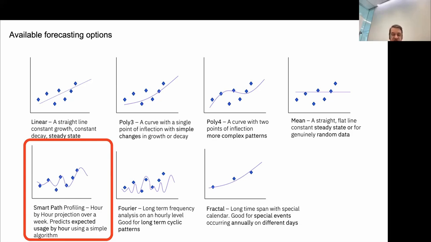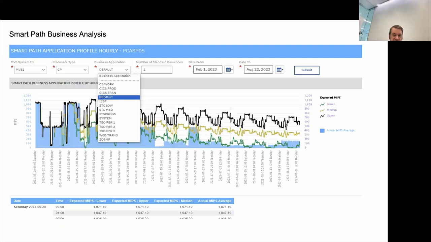Obviously 2 a.m. on a Sunday is very different to 9 a.m. on a Monday, and even 9 a.m. on a Sunday. So we want that unique view across the week, and we want to set what we refer to as a smart path, a window of toleration around where we expect the actual performance to be. As we measure the actual performance across the week, we will see if we are tracking with the baselines that we are working with.